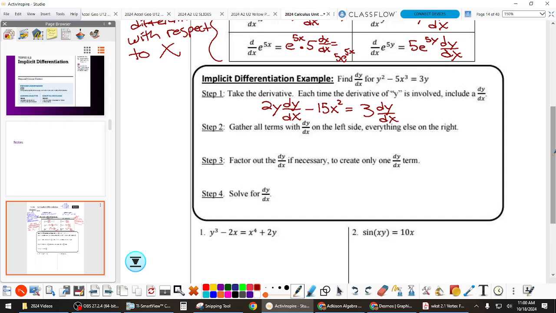Now we just need to algebraically get the dy dx by itself. So we want to collect our terms with the dy dx on one side. It says left side, it doesn't have to be, it's just whichever side makes the most sense. So we have 2y dy dx minus 3 dy dx, and then put your 15x squared on the other side.